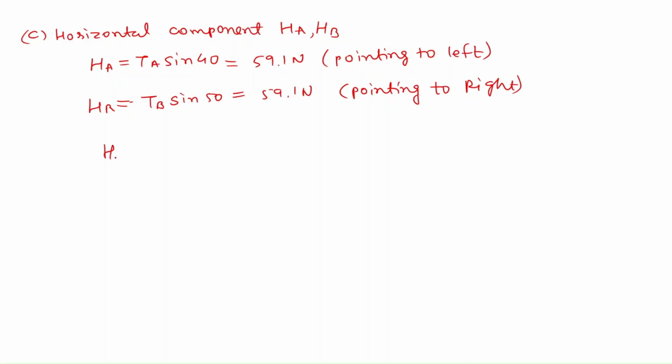Here, you cannot write HA equals HB like this. This is absolutely wrong because the direction of both is different. One is pointing to the left and one is pointing to the right.